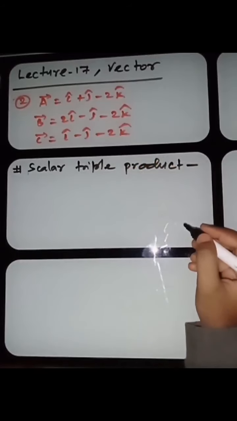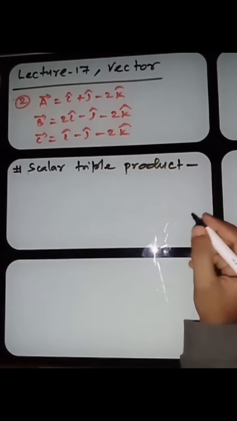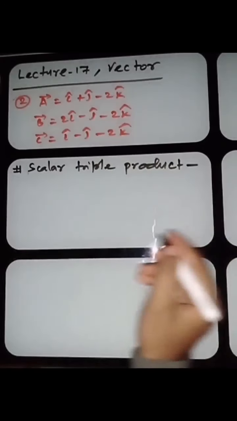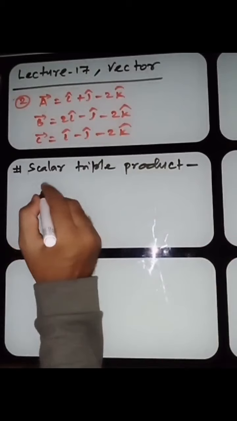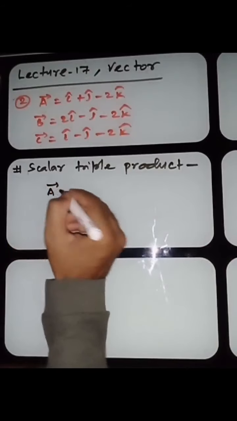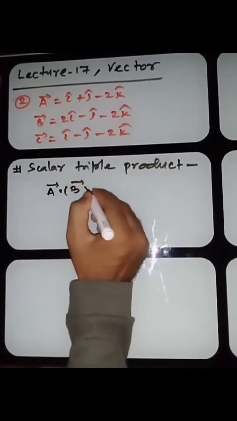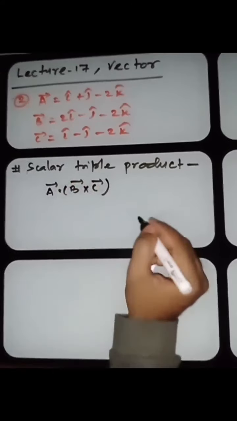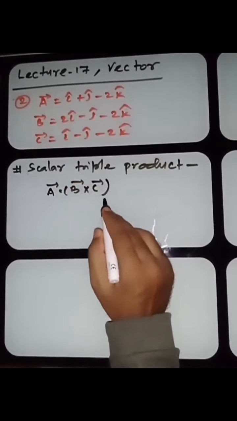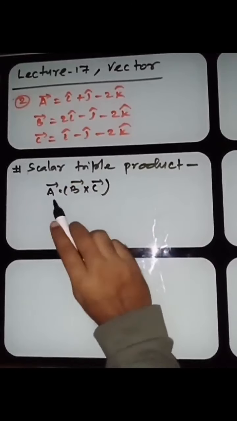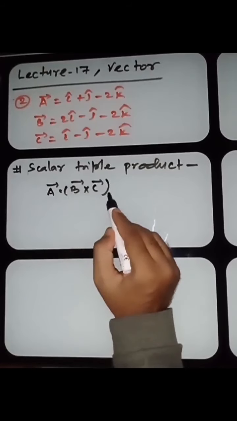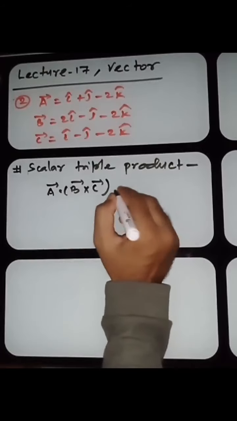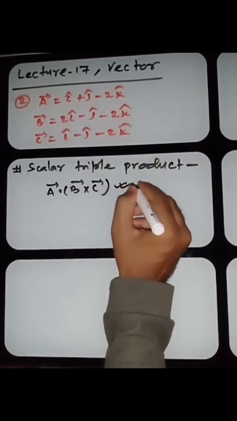Suppose you have to find A dot B cross C. This is called the scalar triple product. These are the three vectors.